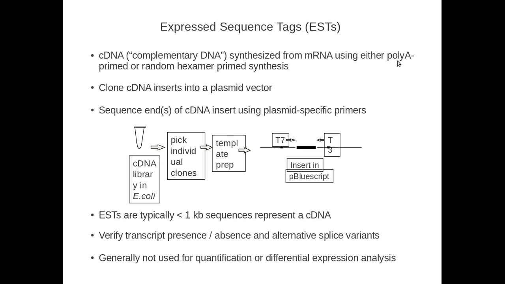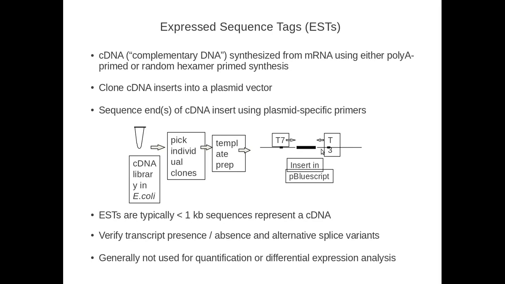This is using actually a poly-T that binds to that run of adenines at the end of most eukaryotic mRNAs. You prime the synthesis of the second strand, or a DNA strand that's now complementary to the RNA. You then make it double-stranded and then clone it into a vector, and then use bacteria to grow that, or to replicate that inserted molecule together with the rest of the plasmid.